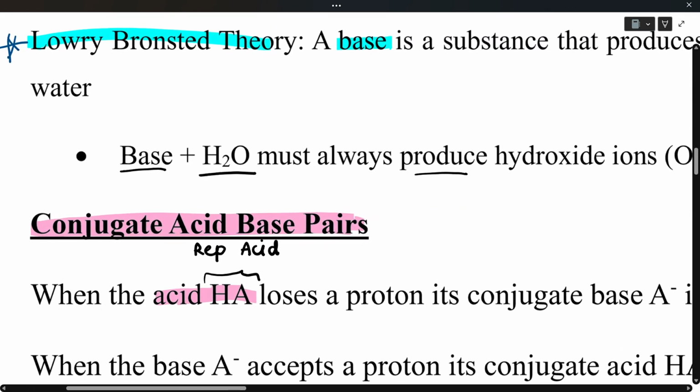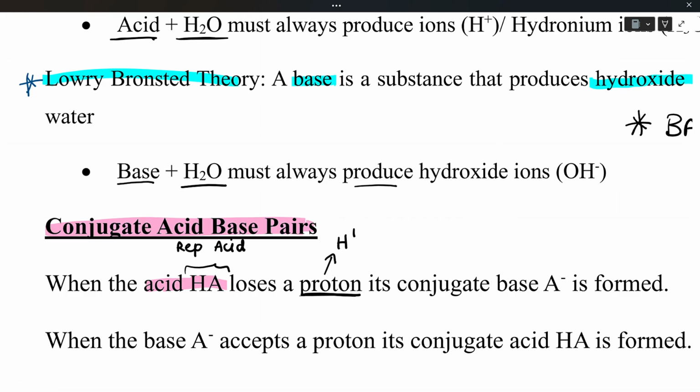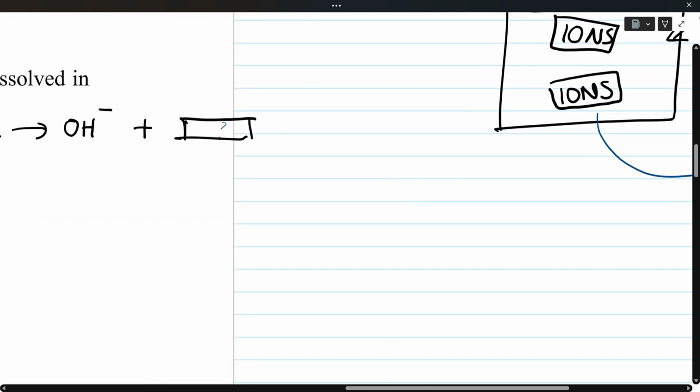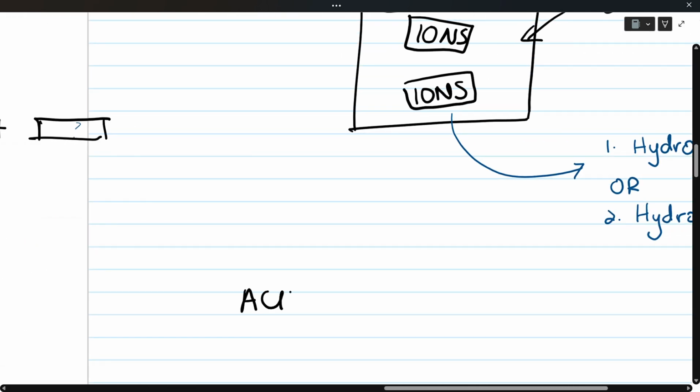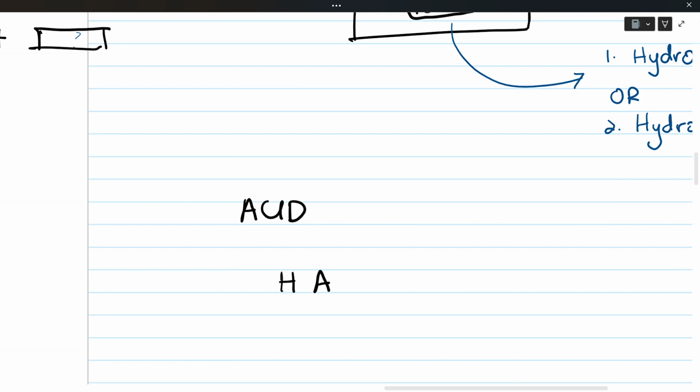So when the acid, which is HA, loses a proton, what do they mean by proton? So the proton here they're referring to is the H plus ion. Okay, we have many names for it. You now learned already that we can call it the hydrogen ion. It's also referred to as a proton. So when this acid loses the proton, before we even carry on reading, what does this mean? If we stop here, you've got your acid. We said that this acid is HA.